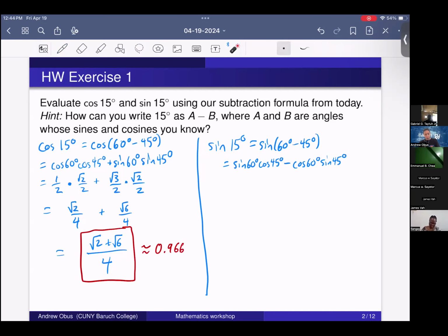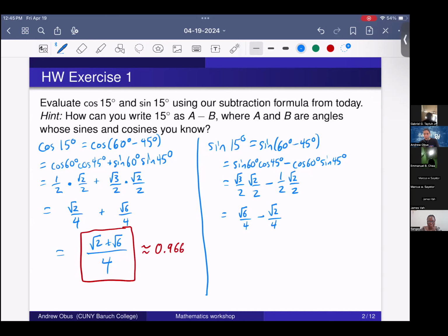But the good news is we've already evaluated all of these over here. So we can just look at what we did. So sine of 60 was square root of 3 over 2. Cosine of 45 degrees was square root of 2 over 2. And then minus cosine of 60 degrees was 1/2. Sine of 45 degrees was square root of 2 over 2. And so what we end up with here is square root of 6 divided by 4 minus square root of 2 divided by 4.